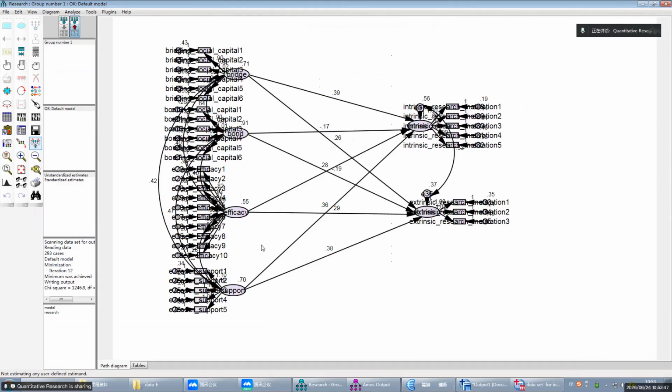Okay. Now I want to change this model to a mediation model with environmental factors as the predictors, the individual factor as the mediator, and motivation as the outcomes. Do you understand me? Yeah.